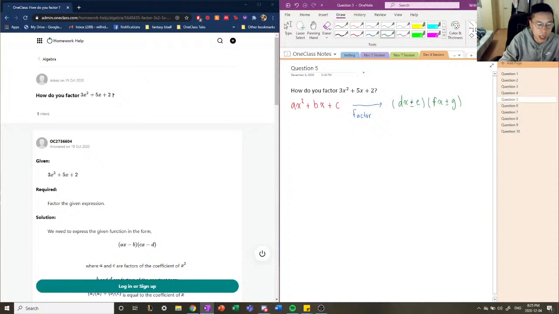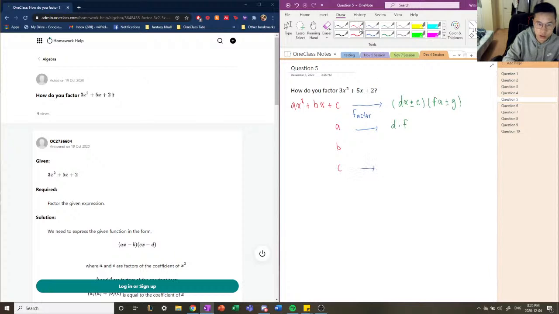There's a rule about these coefficients, and the rule is that a, b, and c equal a certain combination of these coefficients. So a is equal to d times f.